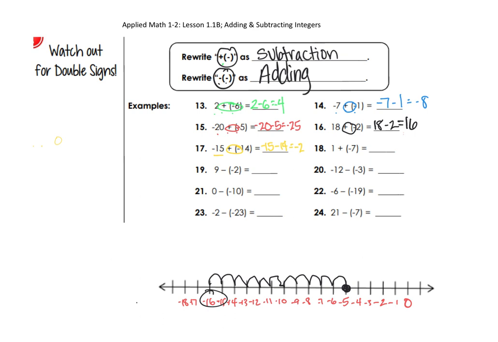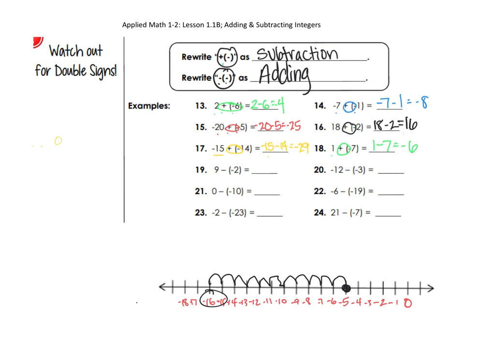We're going to be left with negative 29, because we were already pretty far left on the number line and then told to move left more. We get a larger negative number when we do that. Number 18, we say 1 plus negative 7, so that means 1 minus 7. Starting at 1 and moving 7 spaces left would get us to negative 6.